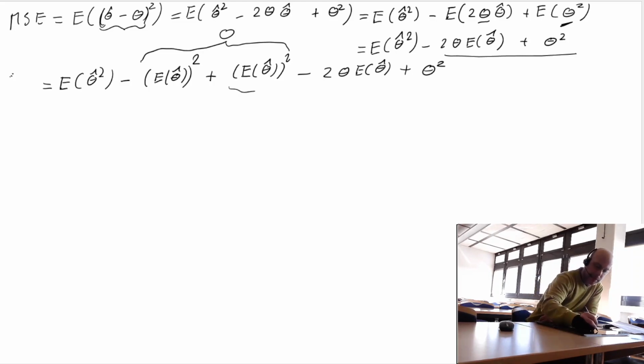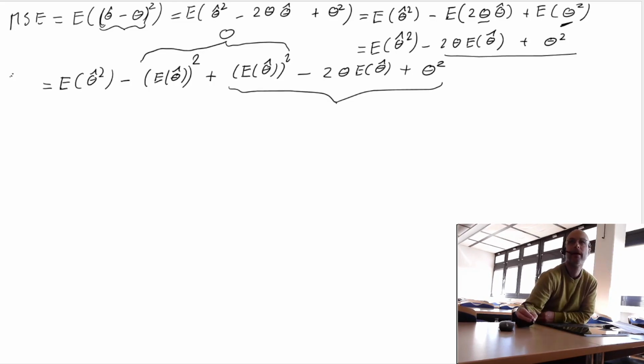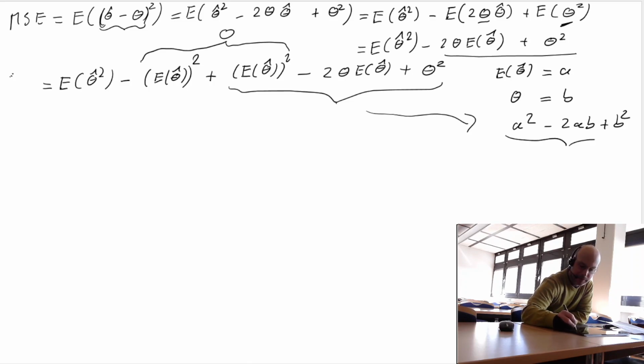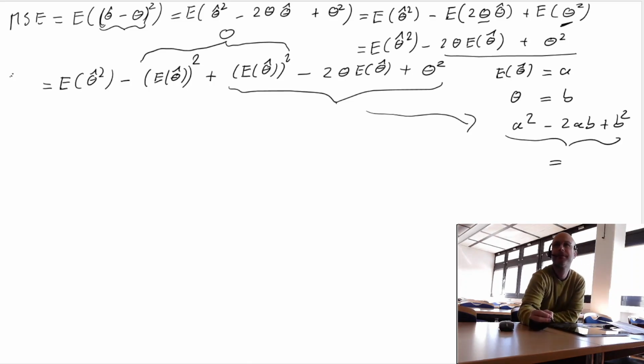Well, and now look at this. How can we write this? If we just define, for example, E of theta hat is a and theta is b, then this would be a squared minus 2ab plus b squared. How can we write this?